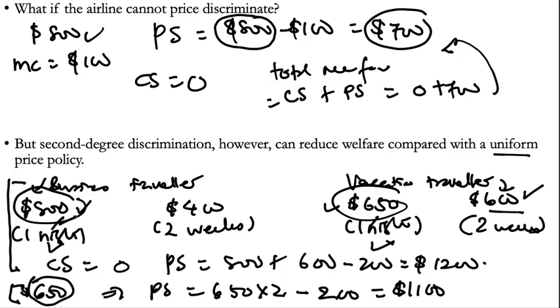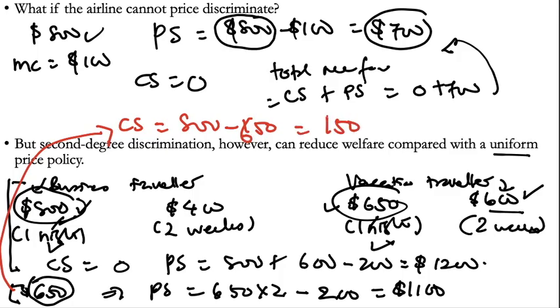How much is the consumer surplus? So I write it here. Consumer surplus in the second case, without price discrimination, is 800 minus 650 equals 150, isn't it? 150 for one ticket. Because the vacation traveler doesn't have consumer surplus.